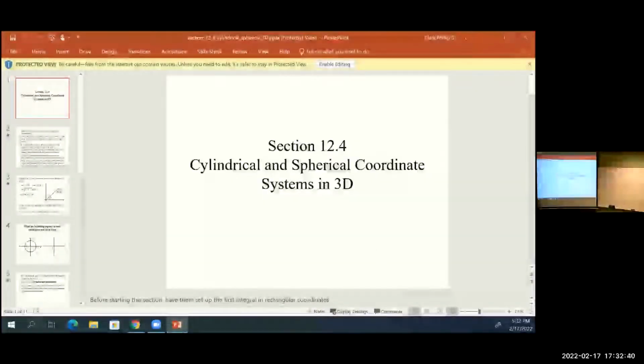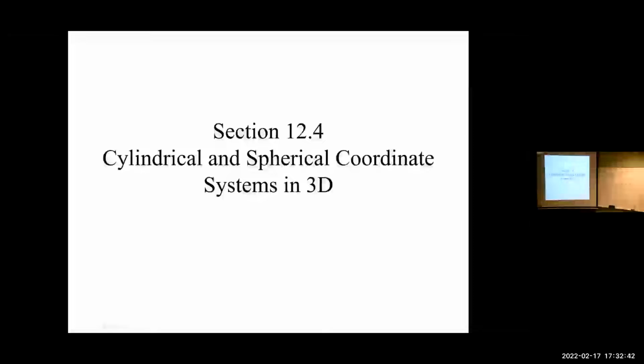All right, so cylindrical and spherical coordinates. We're getting introduced to these now, but they are going to be a bigger deal, especially when we get into integration in the second half of the semester.